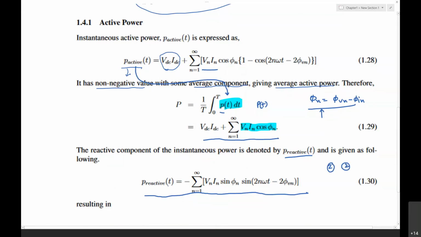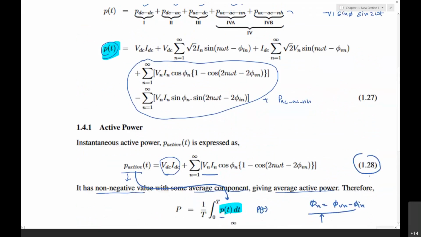This is about the reactive power. The reactive component of the instantaneous power is denoted as p reactive of t. This particular equation of 1.28 and 1.30 is derived from what we have seen for the fundamental frequency components, the interaction of voltage and the non-linear current also.